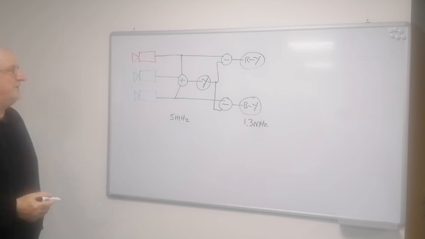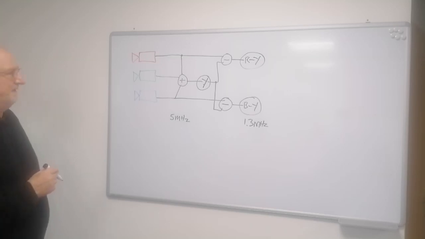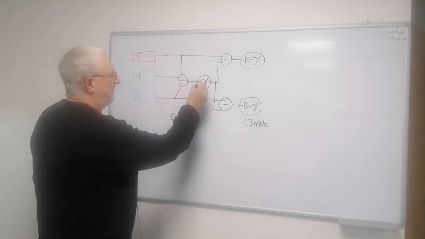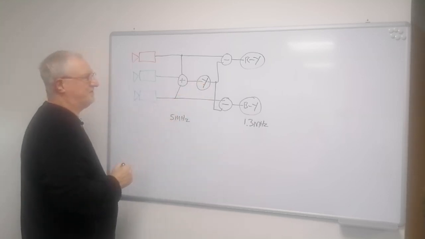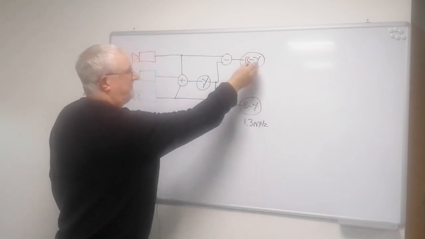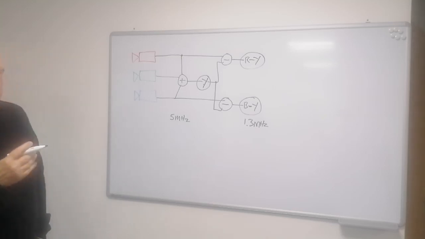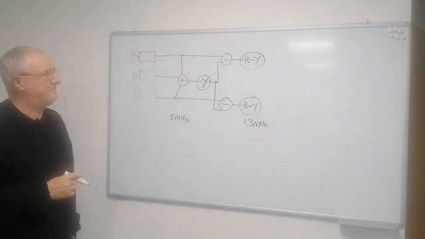However, we haven't really helped ourselves by being able to transmit across a single piece of wire. We need to transmit the Y signal, and now we need to transmit the color signal. But what we've done here is we've created two color signals that are now lower bandwidth.